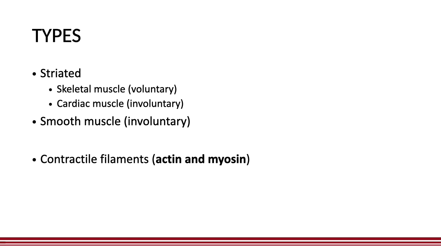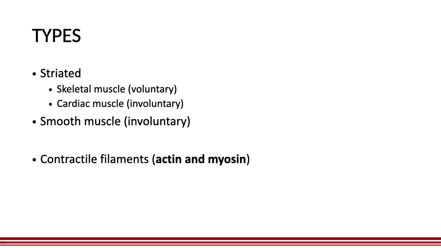These myofibers have multiple nuclei and are organized into bundles called fascicles. Within the myofibers, these striations are because of the arrangement of certain contractile proteins known as actin and myosin. Okay, and what facilitates muscle contraction is the sliding of these actin and myosin myofibers past each other.